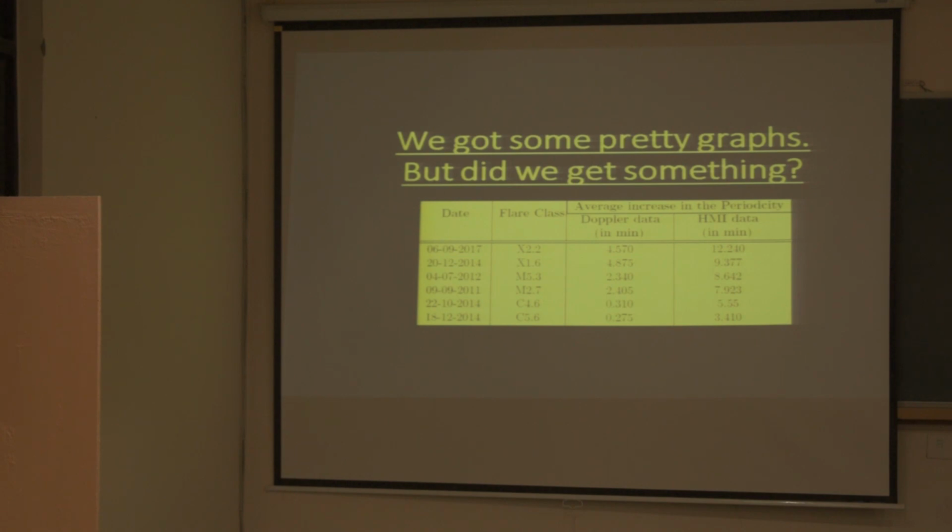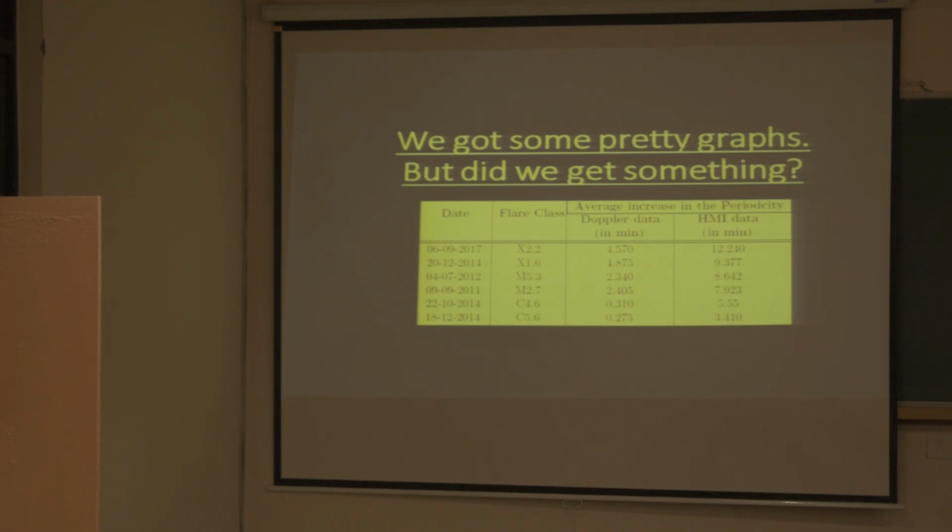These magnitudes are the change in the periodicities after the occurrence of flares. So that was the main motive. We wanted to analyze the change in the wave properties of the flare kernel, whether or not solar flares affect the photosphere or the already present oscillations.